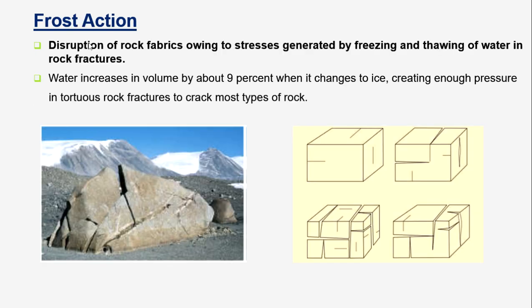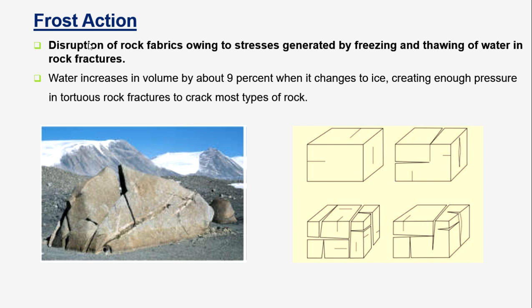The first one is the frost action, or what we call freeze-thaw weathering. The disruption of the rock fabrics owing to stresses generated by freezing and thawing of water in the rock fractures is known as freeze and thaw weathering. Generally, some small cracks or fractures are present in the rocks, and in cold weather, if water enters into these cracks, this water will crystallize, or solidify into ice.